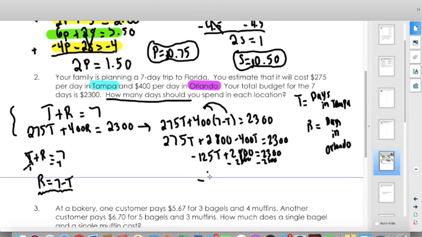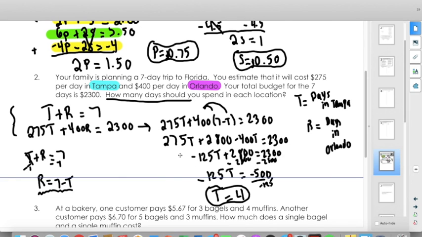So then I have negative 125T equals negative 500. My last step, I have multiplication, so I want to divide by negative 125 on both sides. So T is equal to 4.